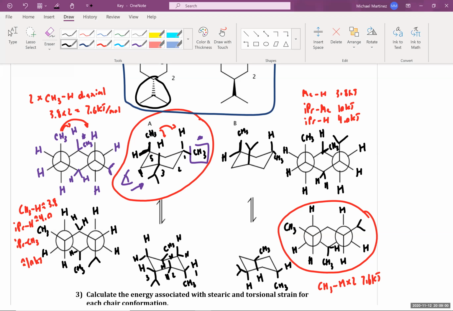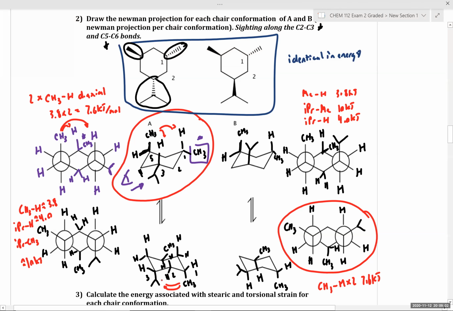Axial. Axial, exactly right. Okay, perfect. Likewise, this isopropyl group, rather than being equatorial pointing down, it is now... is this isopropyl group axial or equatorial?